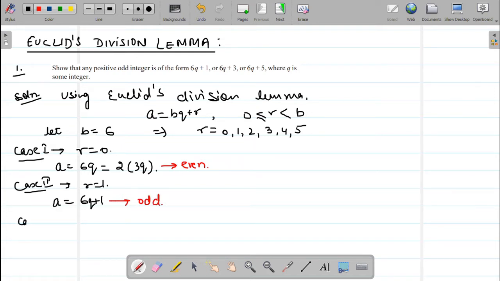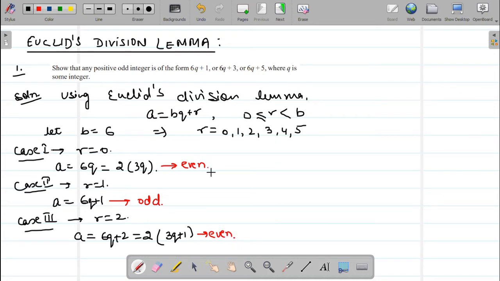Case 3, I will get for r equal to 2, so a comes out to be 6q plus 2. Again, I can take a 2 common and write it as 2 into 3q plus 1. As it has 2 in its prime factorization, it's an even number again.